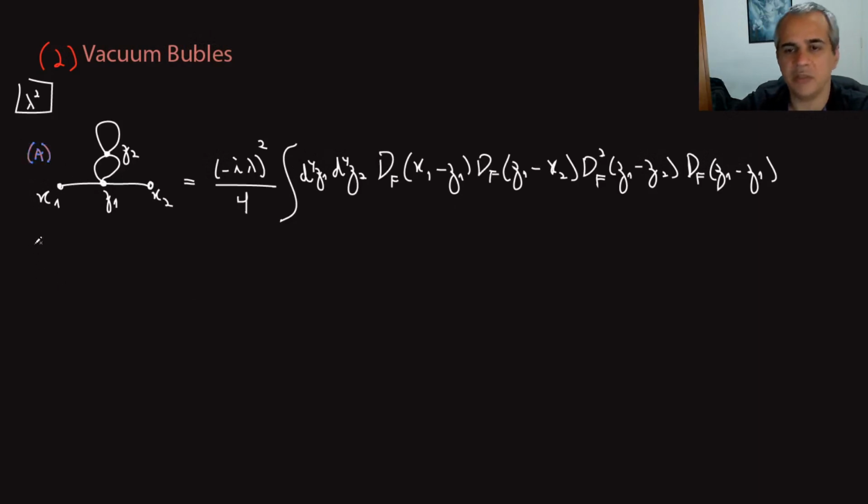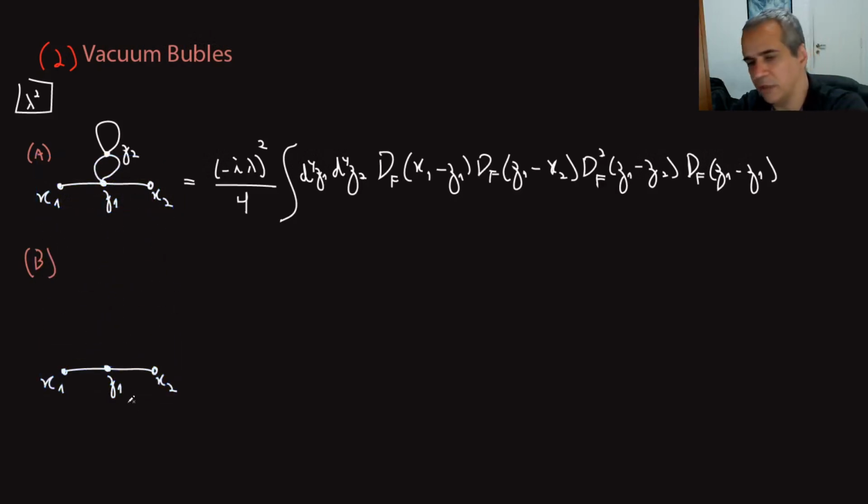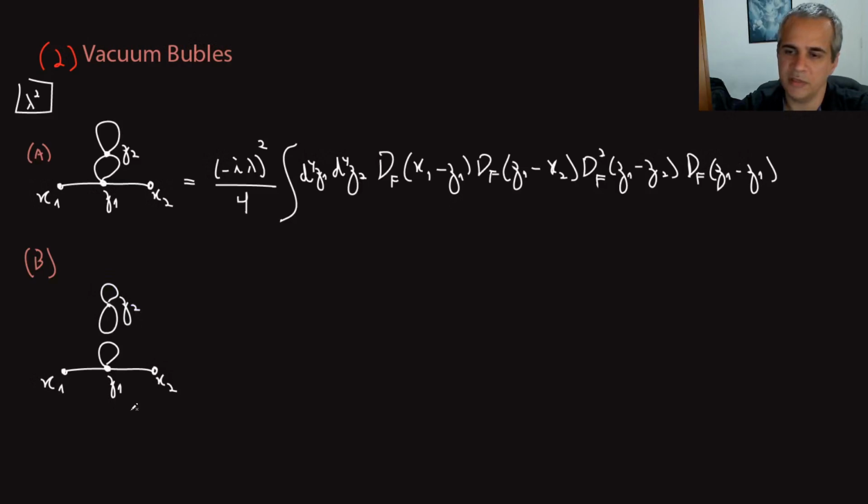Now let's compare this with a similar one of the same order. So now I'm considering also the 2-point correlator, and I'm also at lambda square order. But instead of that diagram, think about this one. Same order in the vertices, but now this guy is not connected to that one.